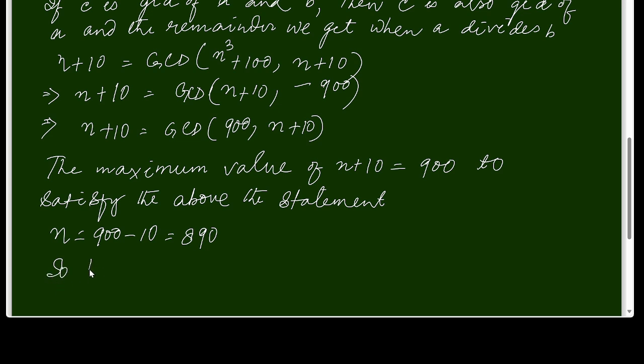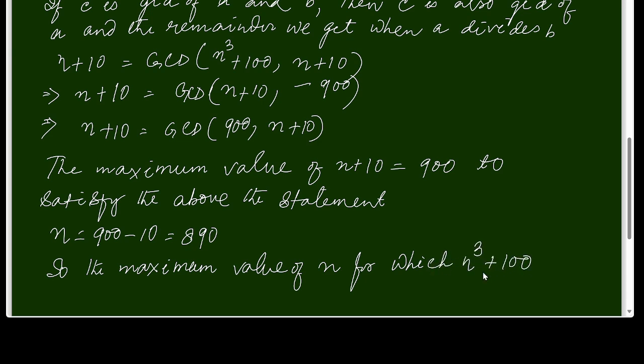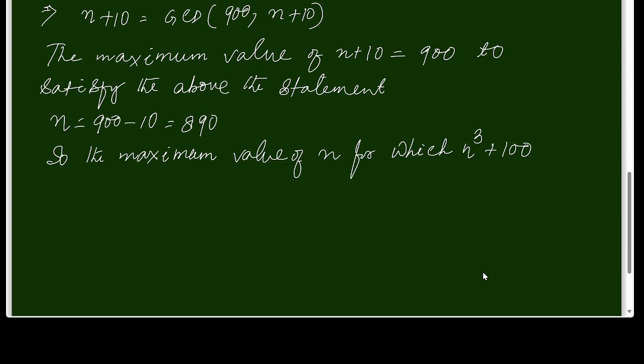So the maximum value of n for which n cube plus 100 is divisible by n plus 10 is 890.